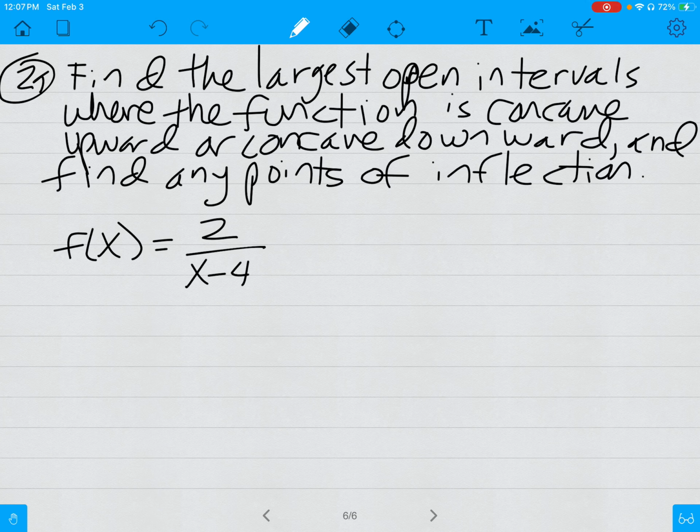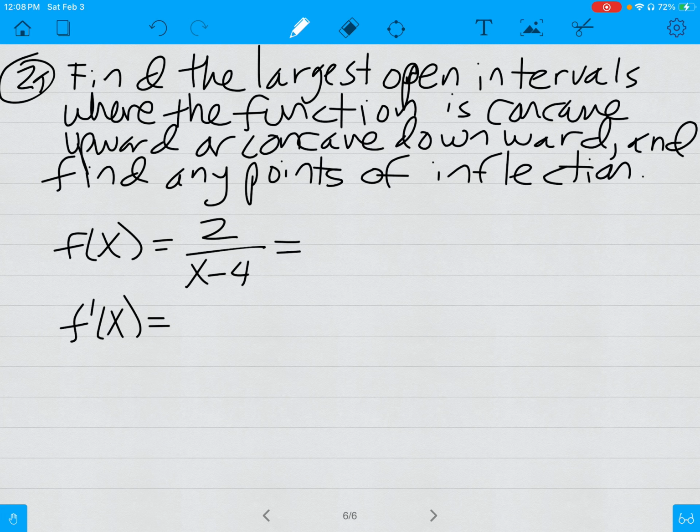To do this, we're going to need to find the second derivative, right? That's our first step here. Find the second derivative. Well, to find the second derivative, we have to find the first derivative, okay? So first derivative, I'm actually going to rewrite this a little bit, this original function that we were starting with.